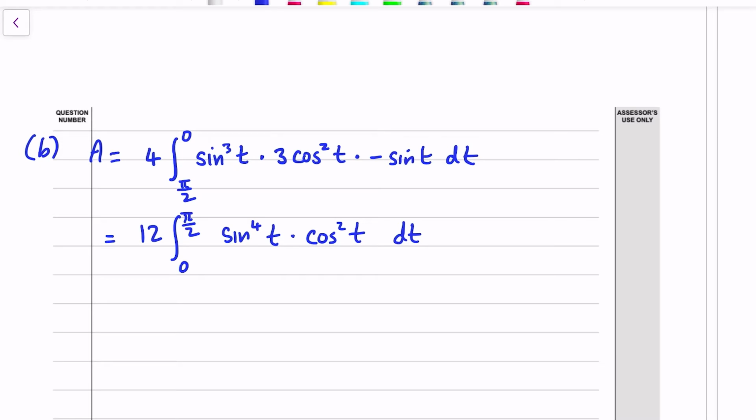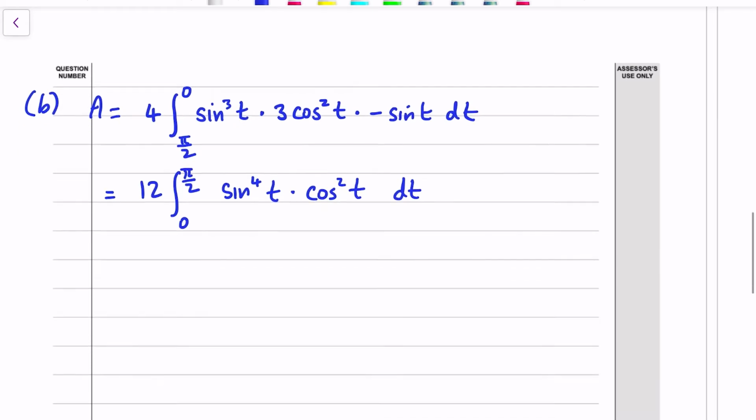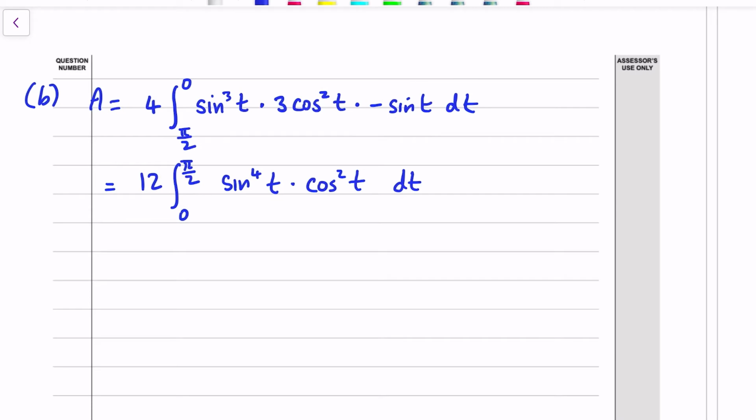Now, there's a couple of ways you can attack this. I think the easiest way to do it is to replace the cos squared with 1 minus sine squared.